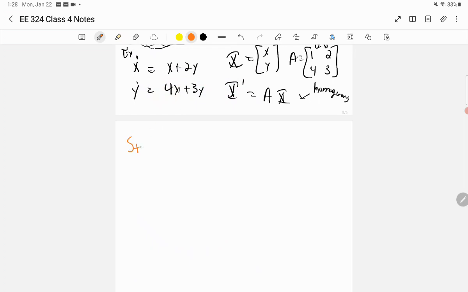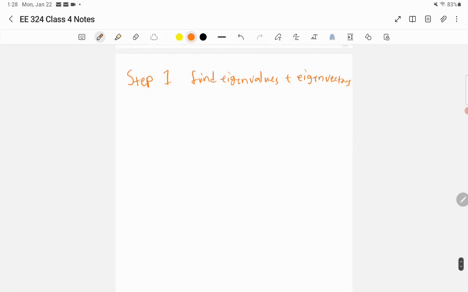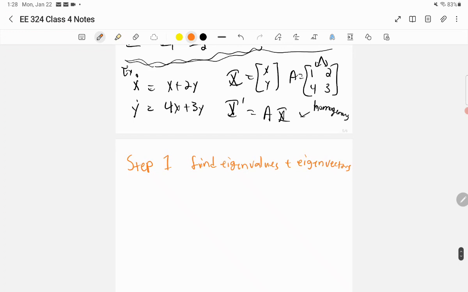So what do we have to do? Well, step 1 is find the eigenvalues and eigenvectors. So to find the eigenvalues and eigenvectors, the first thing is remember that we had this fun equation here, A minus lambda I times some vector v equal to 0, is what we're looking for.